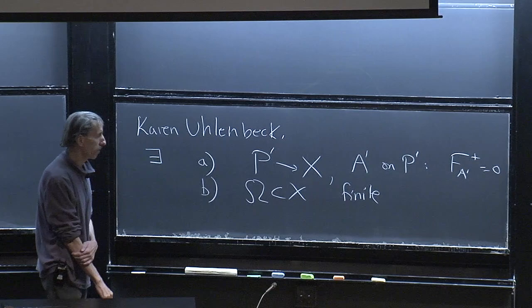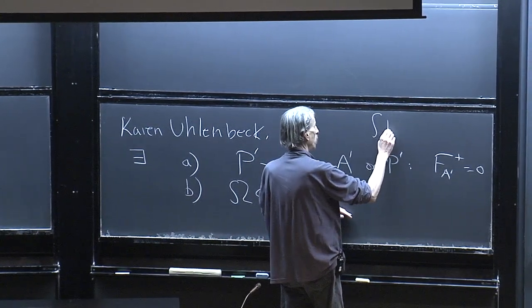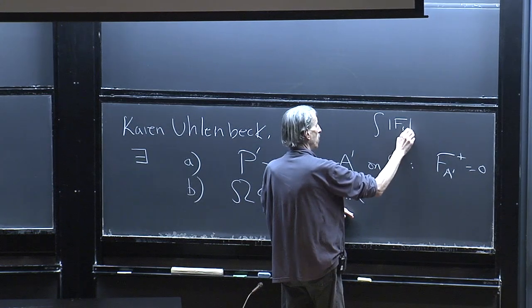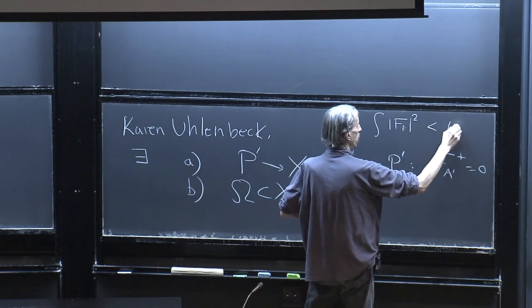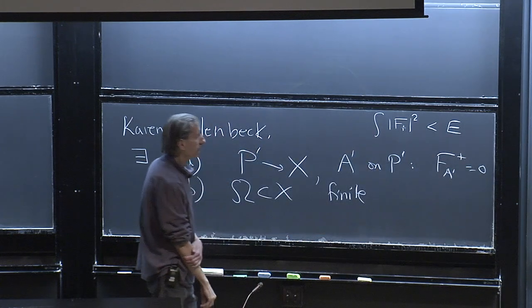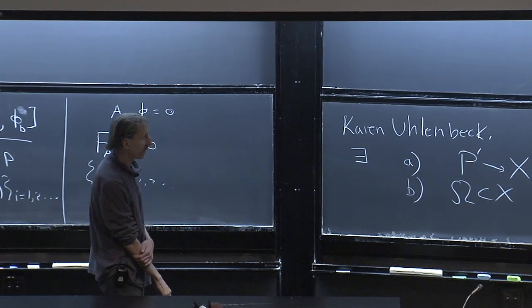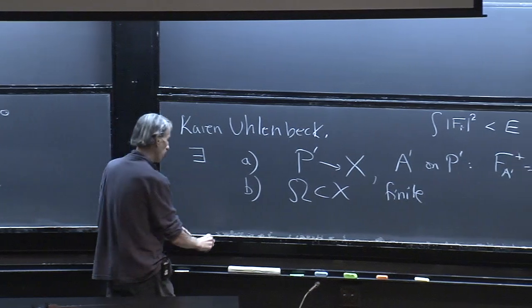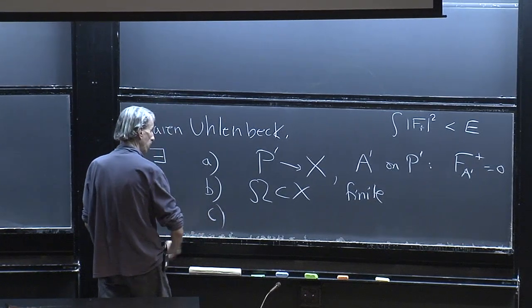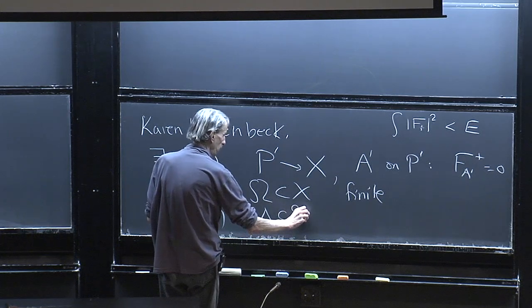If X isn't compact, in order to get a finite set, you have to assume initially that the curvature's L2 norms are uniformly bounded. So let's assume that we have a bound like that. So you get a finite set of points omega, and then you invariably have to choose a subsequence, which we'll call lambda, of the original sequence.